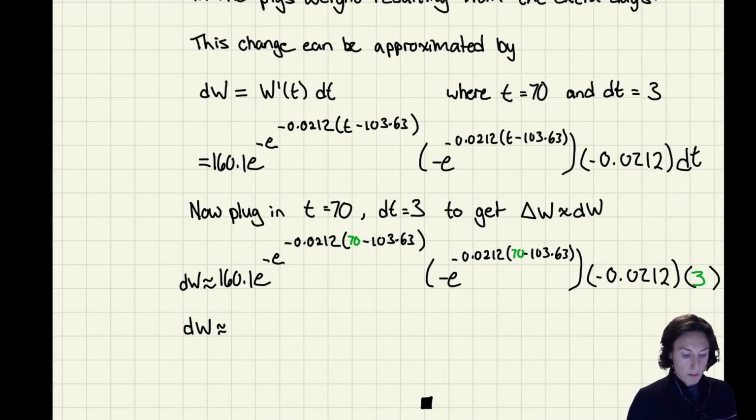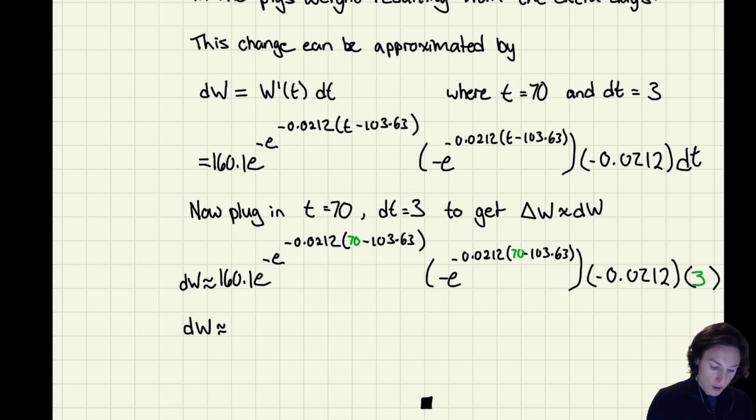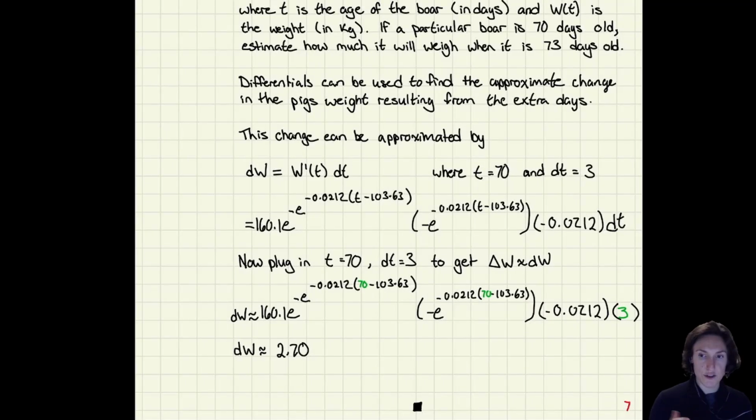So I can multiply 160.1 by this, by 3, and then by negative 0.0212. That will give me a negative number, and then I have another negative here, so that will become positive. If I plug these e's into Google or a calculator, I will approximately end up getting 2.70. That's nice, but what does it actually mean?